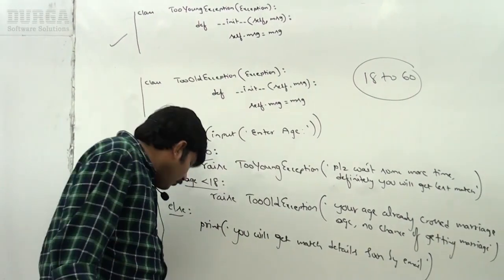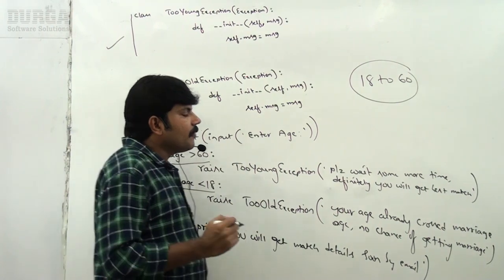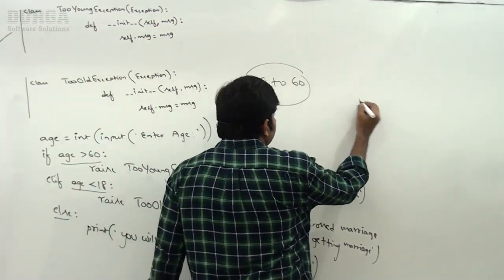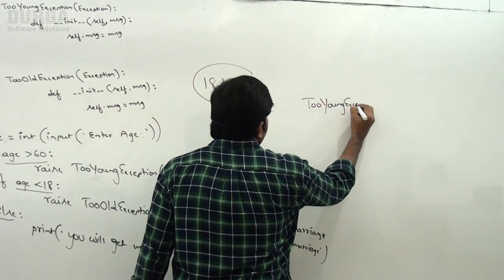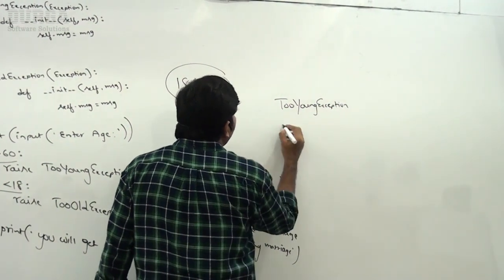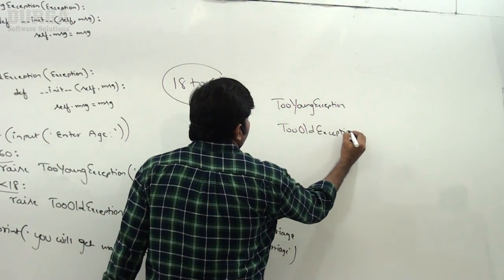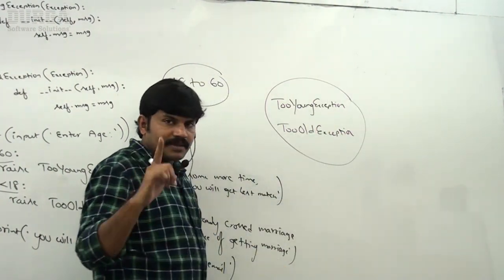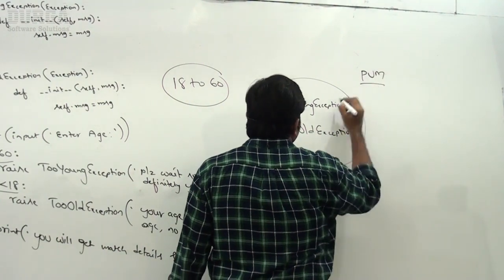Sir, now I have one small point. Take very special care, sir. Do you know, TooYoungException is our own exception. TooOldException is our own exception. The Python virtual machine does not have any information about this.